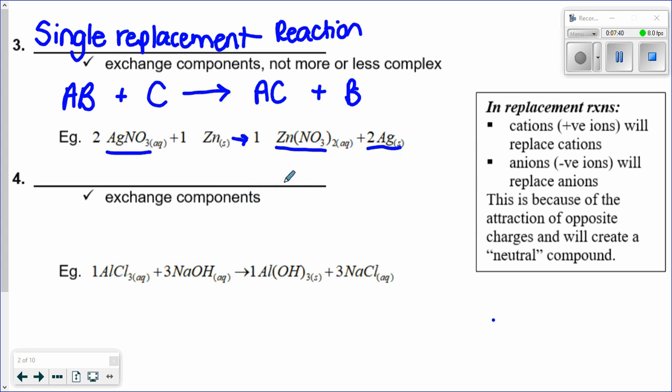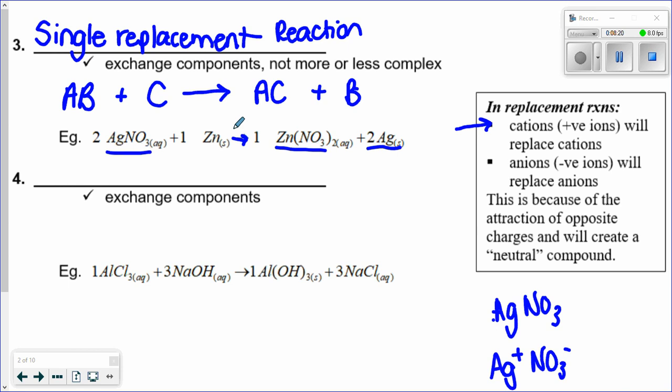So the important thing with replacement reactions is we need to have the same things replacing each other. So in that silver nitrate compound, what it's made up of is Ag+ and NO3 1-. Because again, nitrate always forms a 1 minus, and silver will form a 1 plus. So we need to think about our other element. Looking at zinc, what kind of ion can zinc form?